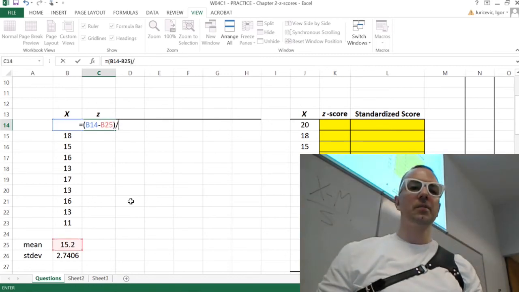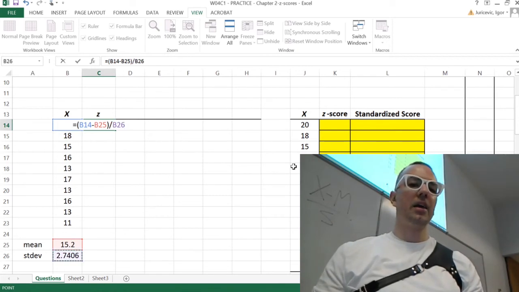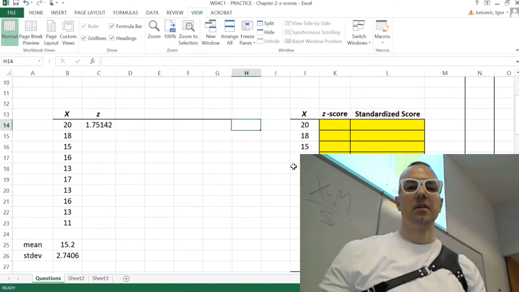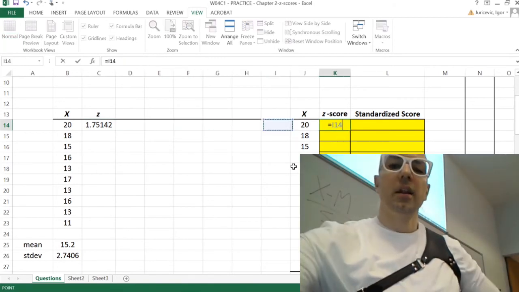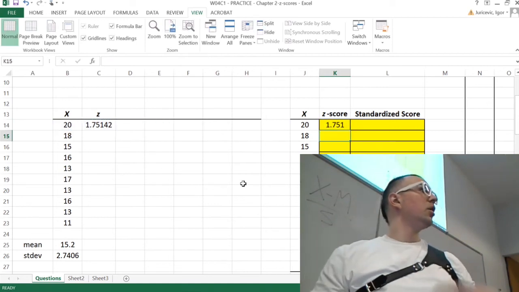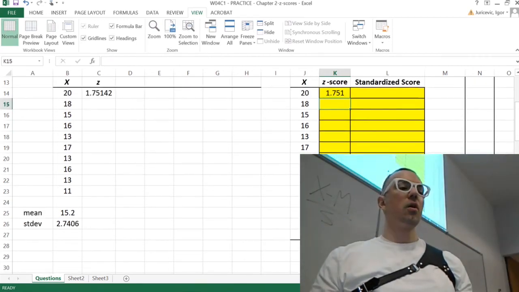We hit enter. We see that we have a z-score of 1.75. We pop that into our answer cell. And we scroll down and we see that we have that one correct. So we've done the z-score once.